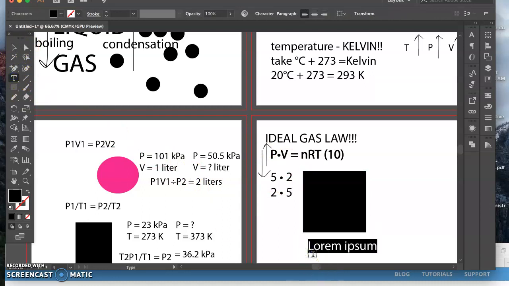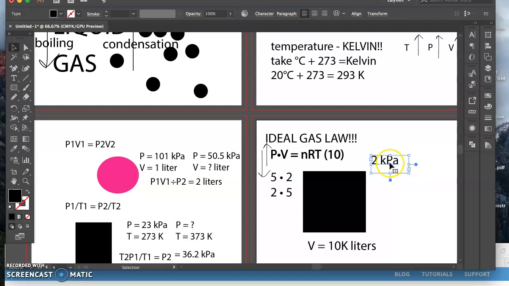Let's say it's a big room. Let's say the volume equals 10,000 liters. And let's say the pressure is normal atmospheric pressure, which I believe is something like 2 kPa. I could be way off on that.